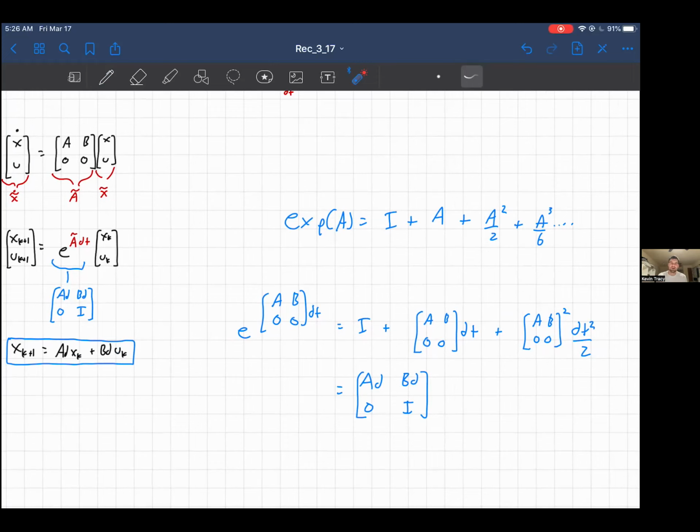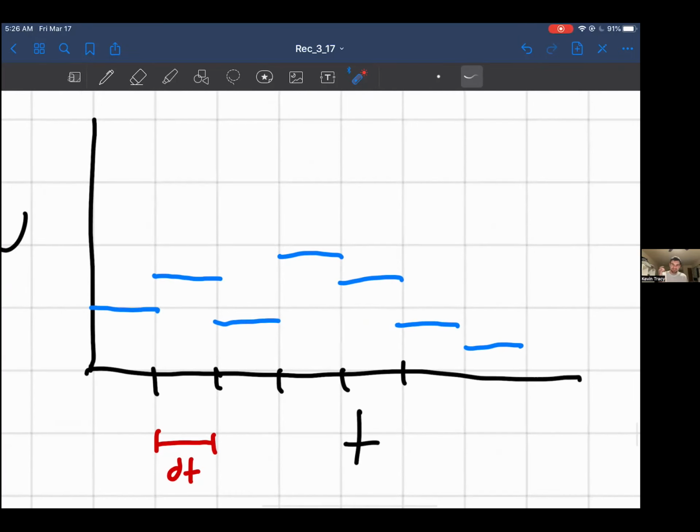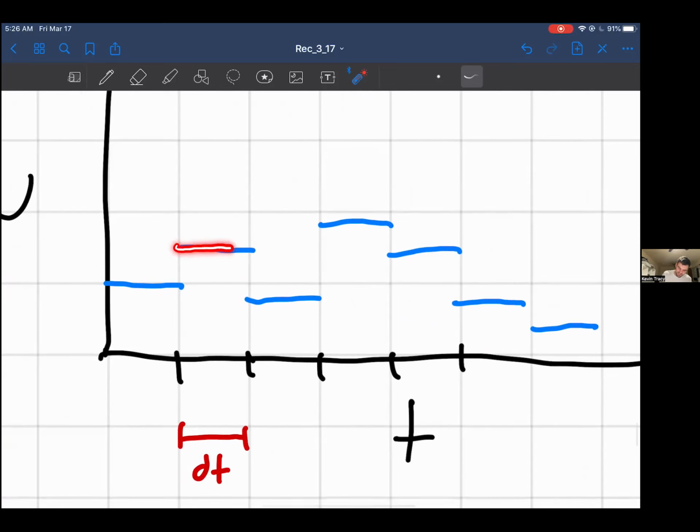What I was trying to get at is how does this thing work, because we have this discontinuity for the zero order hold between time steps. The integration that I'm doing is from here up until infinitesimally before the control changes. With the zero order hold, I'm saying that u is going to be constant the entire time. At the next time step, u could be constant the entire time.